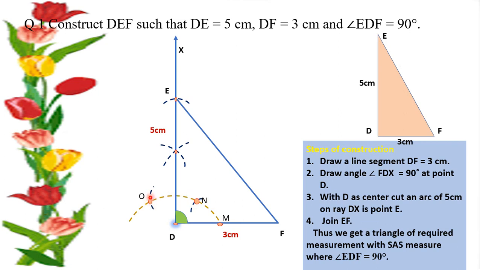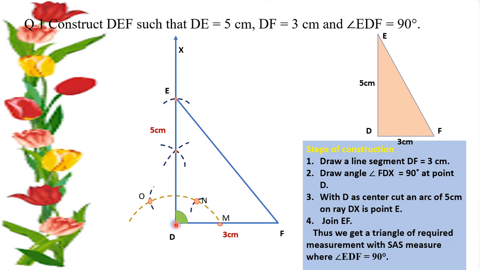Then we have to bisect the angle ODN for making the perpendicular line. Place the pointer at point O, open the compass more than half of the arc ON, and cut two arcs with O and N as centers, which intersect at a point. When we join this intersection point to D, we get a ray DX, which is the perpendicular line.